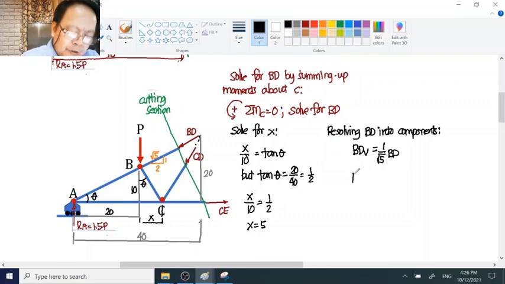Similarly, the horizontal component of BD is equal to 2 over the square root of 5 of BD.